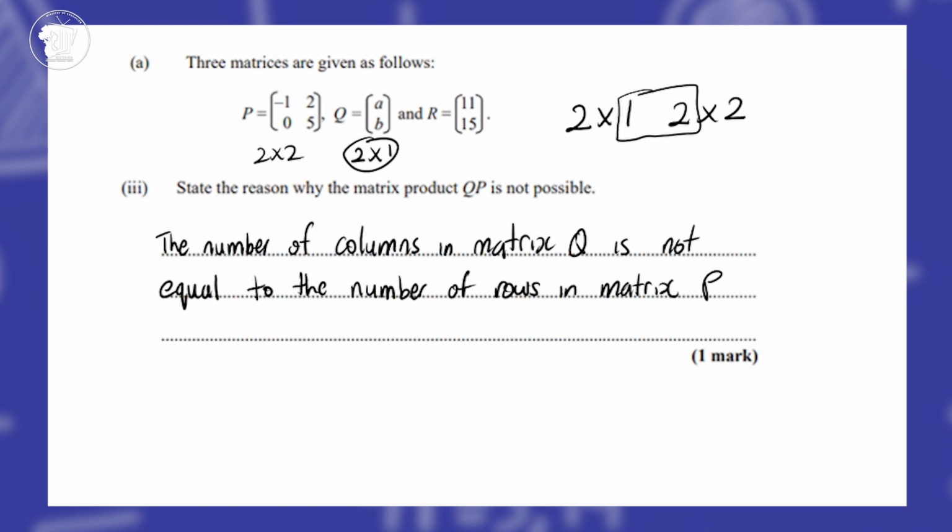And this test is simply done by putting the two orders of the matrices next to each other. As long as the inner ones are not the same, they are not compatible, or the multiplication is not possible.